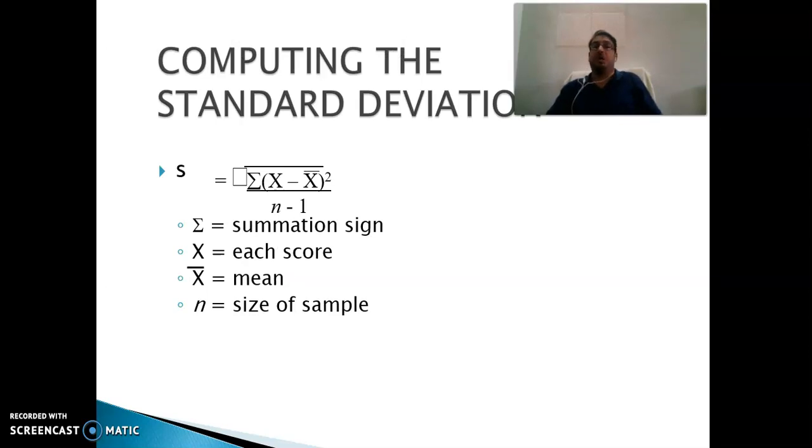Standard deviation refers to the average difference of each score from the mean. How to compute it? You can look at this formula: the square root of the summation of x minus x bar squared, divided by n minus 1.